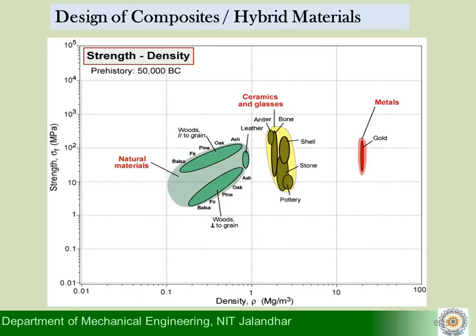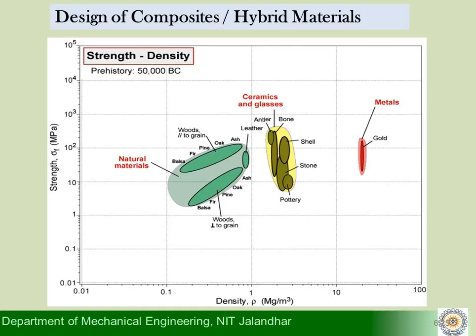This option is also referred to as the bottom-up approach. The second option, which we can say is the top-down approach, is where we talk about hybridization or development of composite materials, where we combine 2 or 3 materials which already exist to create a new material.